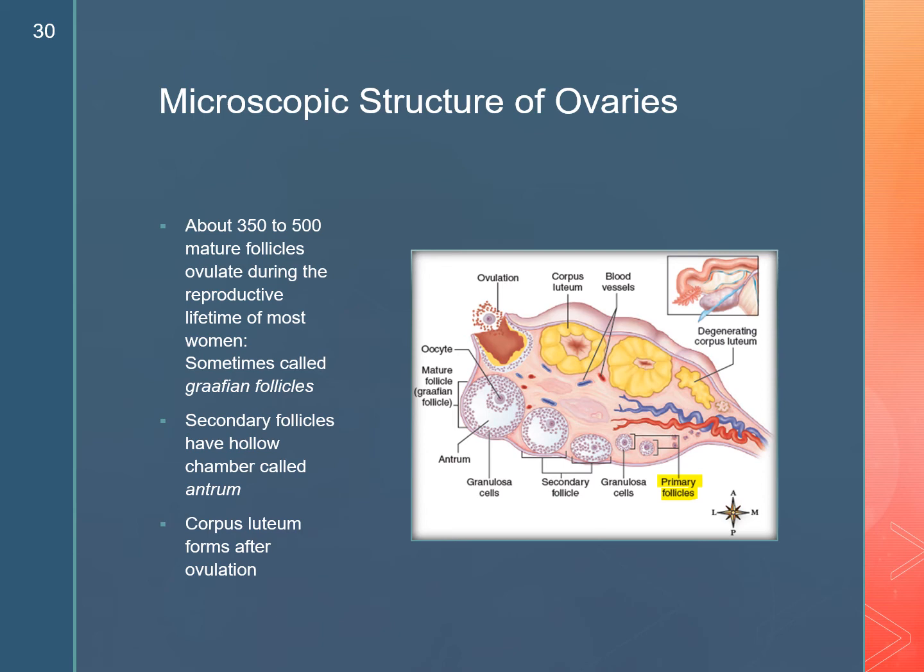Now the mature follicle that is at the end there, where you see ovulation occurring, is referred to as a Graafian follicle. Now after ovulation, this follicle is transformed into a hormone-releasing structure that we call the corpus luteum.